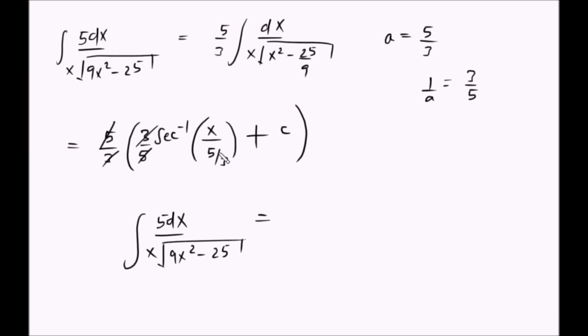Hapa ndani itakuwa ni sec inverse 3x over 5 plus c. So this one is our final answer. So this is example 1. So we had to remove this 9 here.